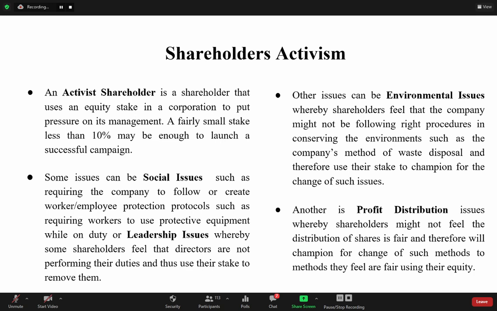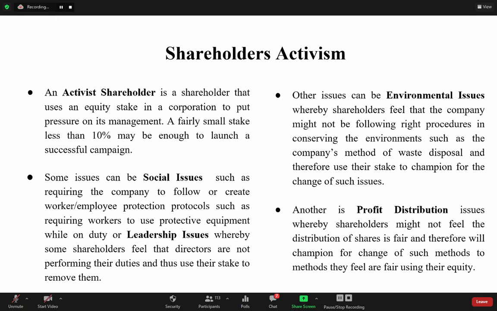Some of the issues that an activist shareholder can be interested in raising are, number one, social issues. Social issues can occur whereby, let's say the company is a construction company. A lot of construction companies are not quite following procedures for protecting their workers in terms of providing them with personal equipment. So an activist shareholder can raise a campaign for the company to provide protective equipment for their employees.